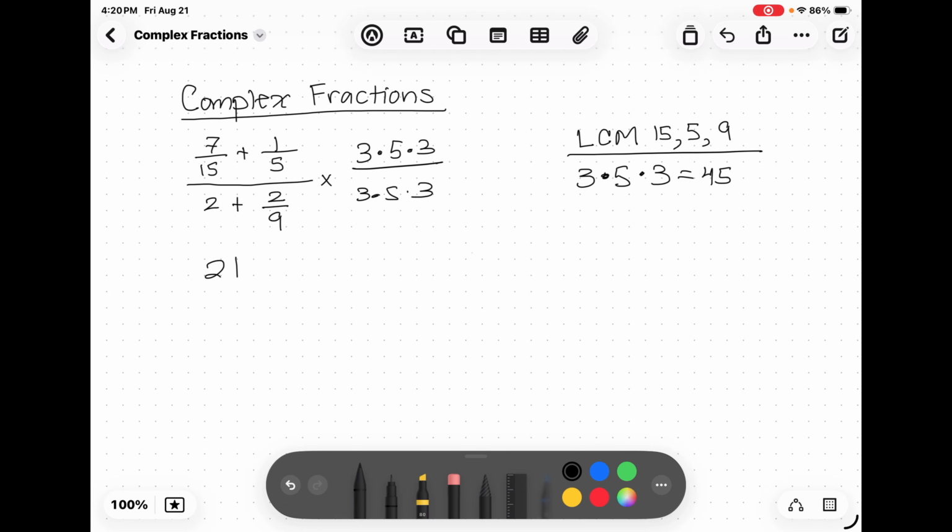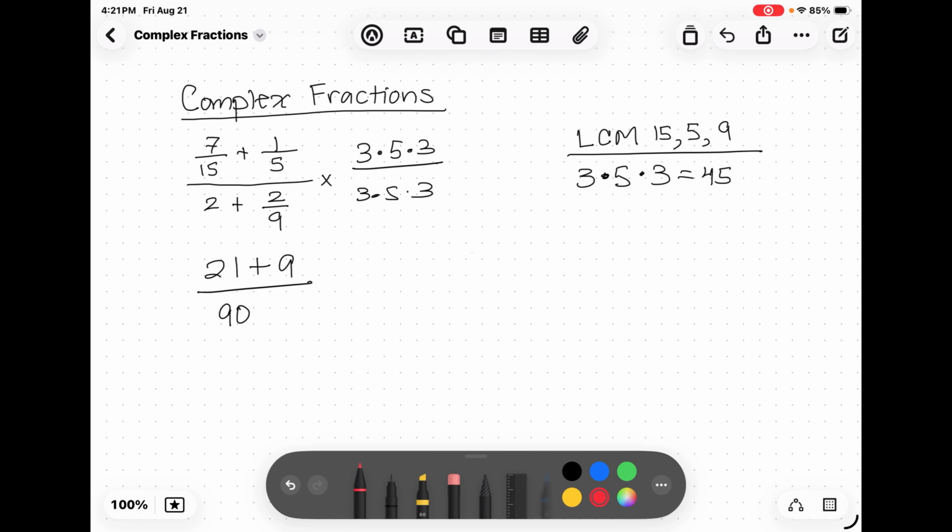Okay, so I've got 21 plus, now I distribute this to this term, and the 5's cancel, leaving 3 times 3, which is 9. Over, and then I do my distributions here, this to this. Well, there's nothing canceling when I distribute to the 2, so that's 45 times 2 is 90.